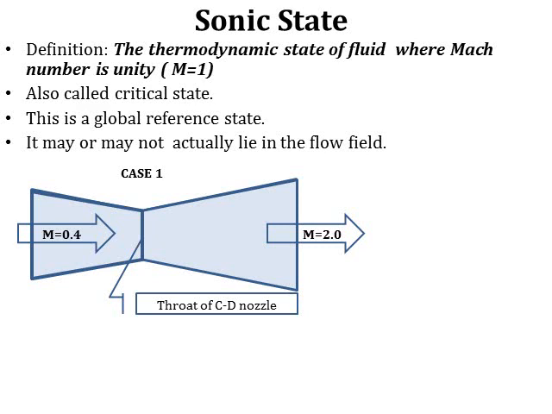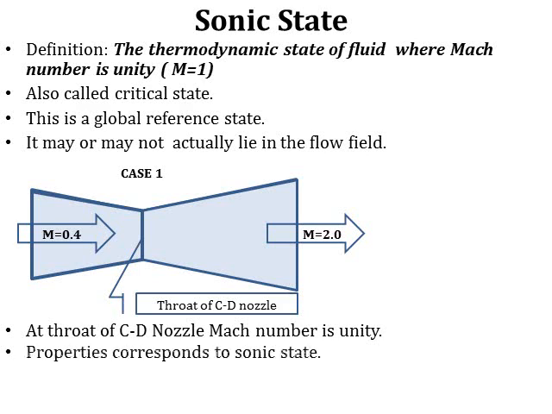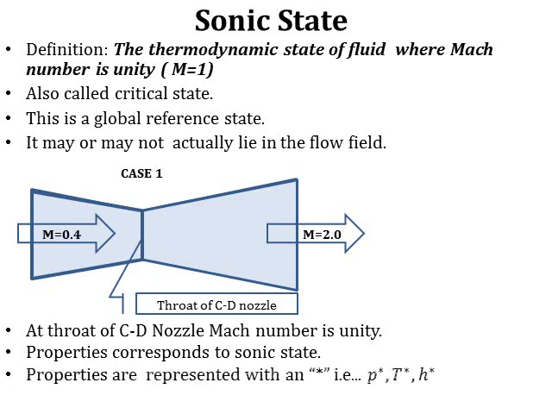If the nozzle is operating at supersonic condition, then at the throat of the CD nozzle, Mach number becomes equal to 1. The properties corresponding to the throat then represent the sonic state or the critical state. These properties are represented with an asterisk symbol, that is P star, T star, H star, A star, C star, etc.